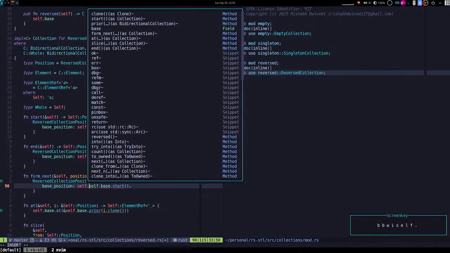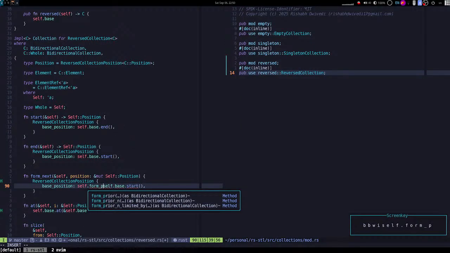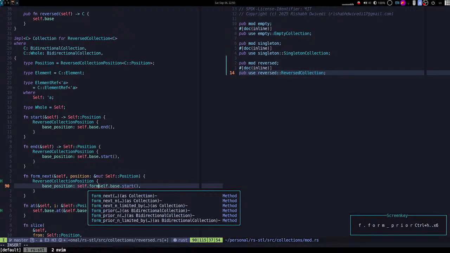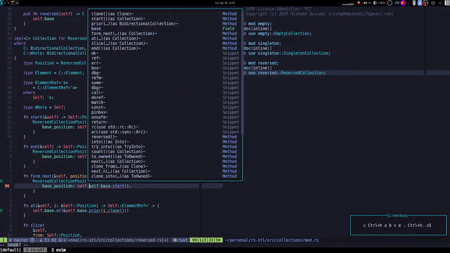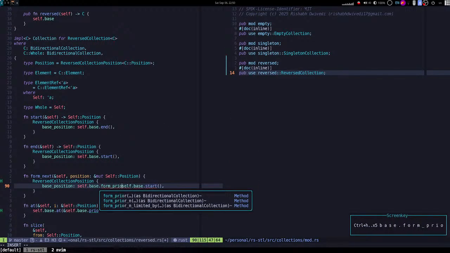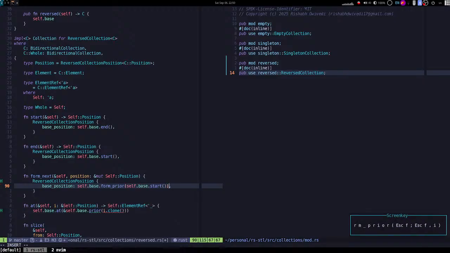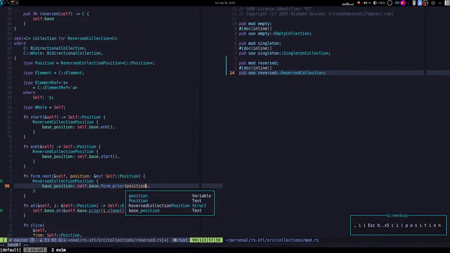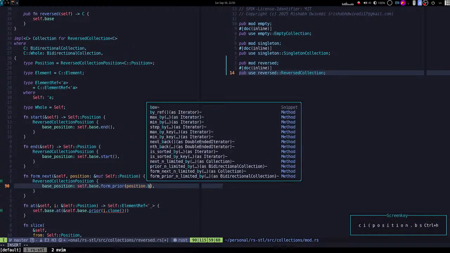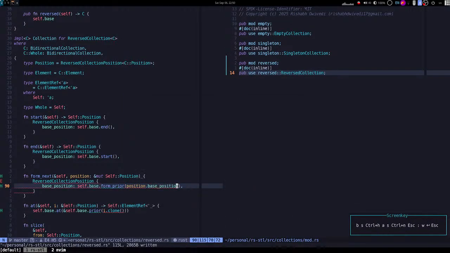Self.base.for_prior, and the prior should be of position.base_position, right?